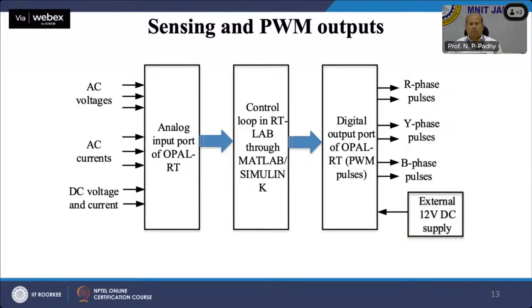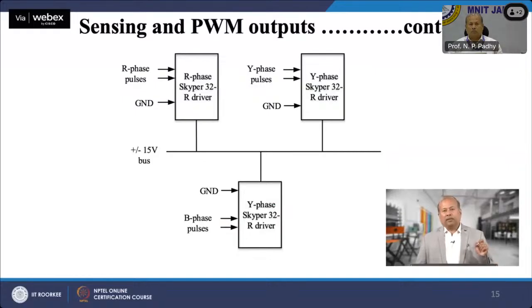Similarly, the PWM pulses generated by the control system need to be taken out of the digital output pins of the Opal-RT. These level-shifted PWM pulses are generated in order: digital output pins 1 to 6 give PWM pulses.